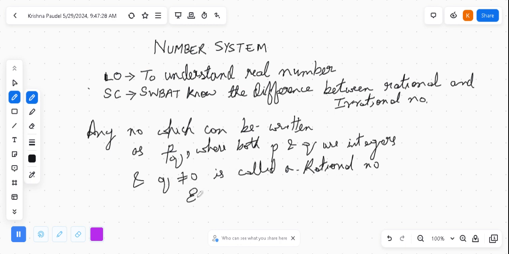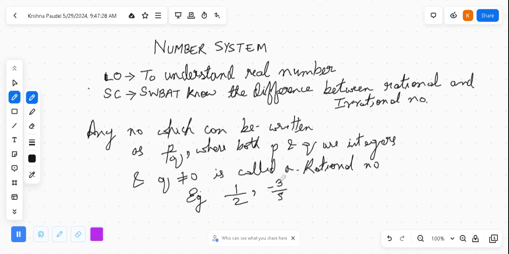So for example, we can say 1 by 2, because 1 and 2 both are positive integers, and the denominator, which is this 2, is not equal to 0. You can take another example, minus 3 by 5.